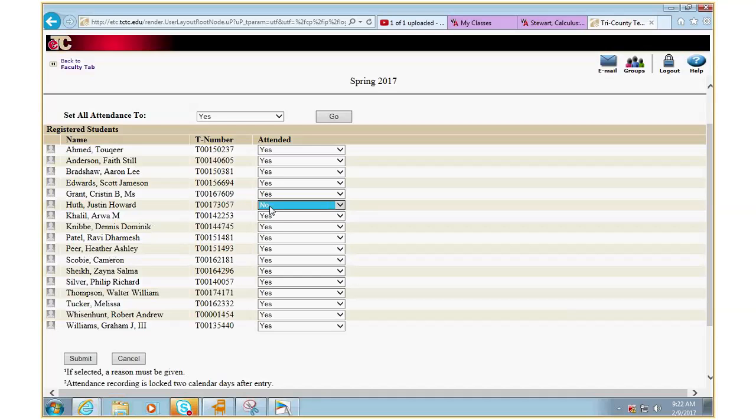He's here. Nabay is here. Patel is here. Fear is here with Skype. Scobie is here. Sheik is here. Silver is here. Thompson is here with Skype, right? Yeah. Tucker is here with Skype. Hunt is here with Skype. Williams.